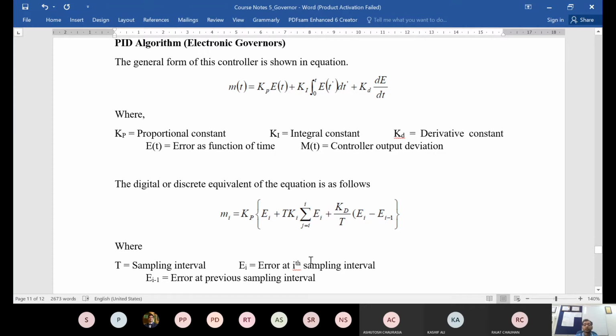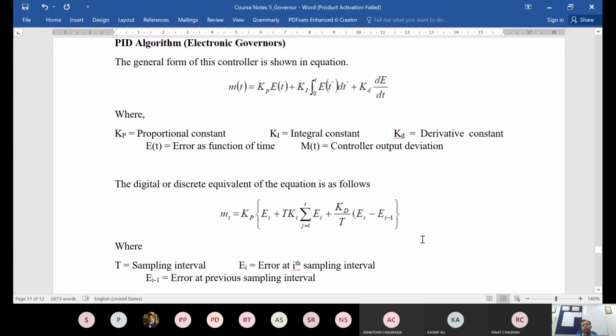If you are at the ith sampling interval, the error in the ith sampling interval is e_i. The output at the ith sampling interval is your constant times the error at the ith interval, plus the integral control, which is a summation of the errors from the previous time instances up to this instance, and then the derivative control, which is the successive time difference: the error at the present sampling interval minus the error at the previous sampling interval.